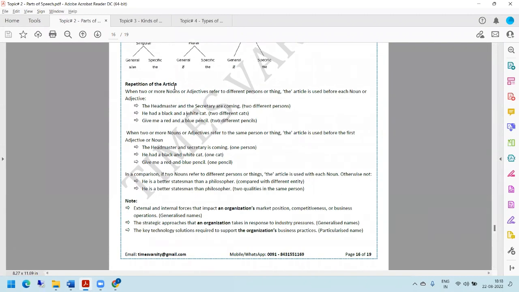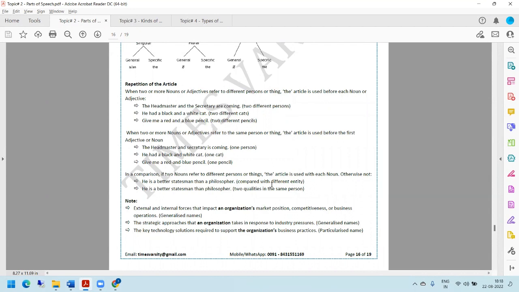Then, the repetition of the article we have discussed. In a comparison, if two nouns refer to different persons or things, the article is used with each noun, otherwise not. So, "He is a better statesman than a philosopher."